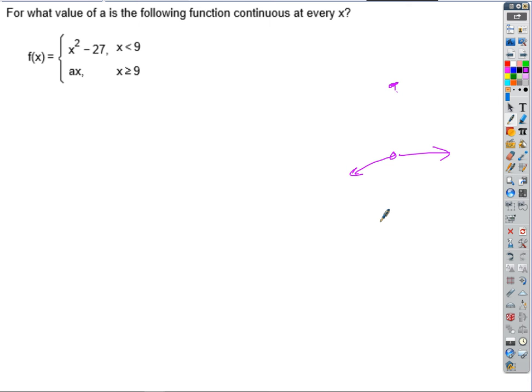So what would we have to do here? Well, the function exists. The function has a value of what? f of 9 equals what? 9a, yep. Okay, what's the limit of f of x as x approaches 9 from the left equal to? 9 squared minus 27.